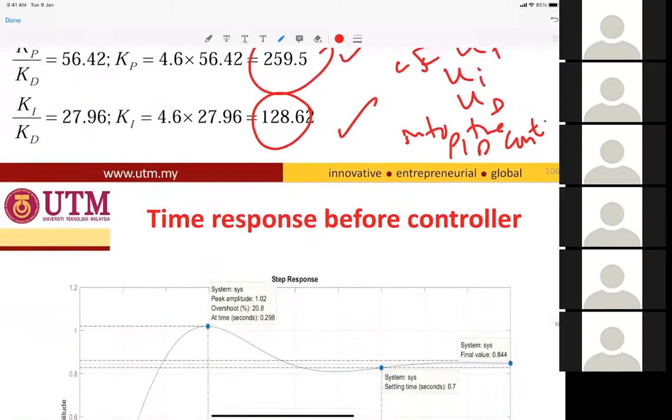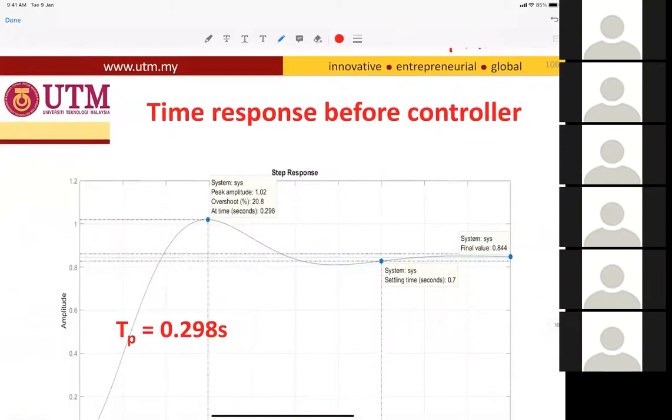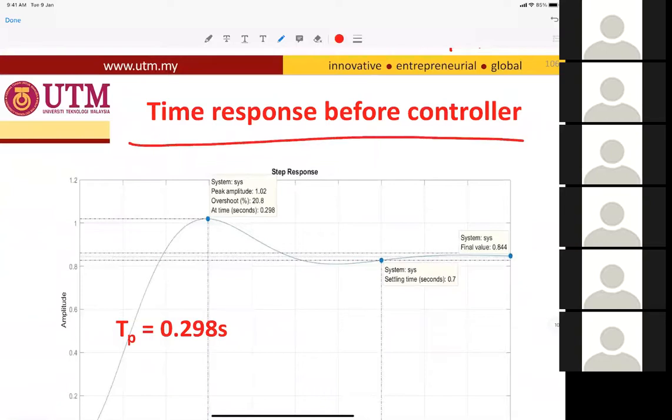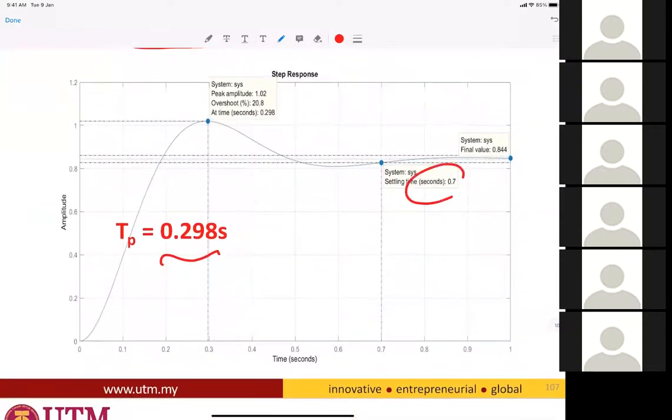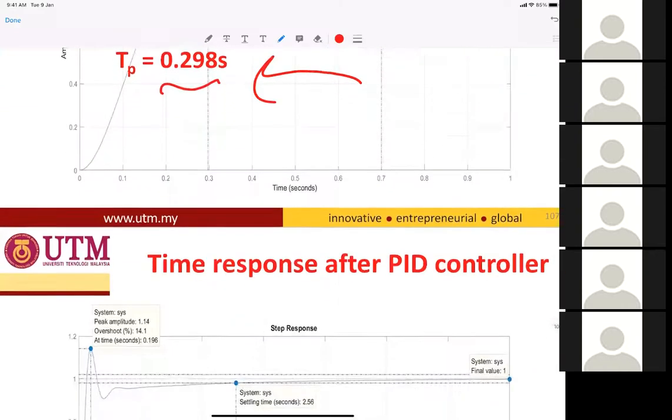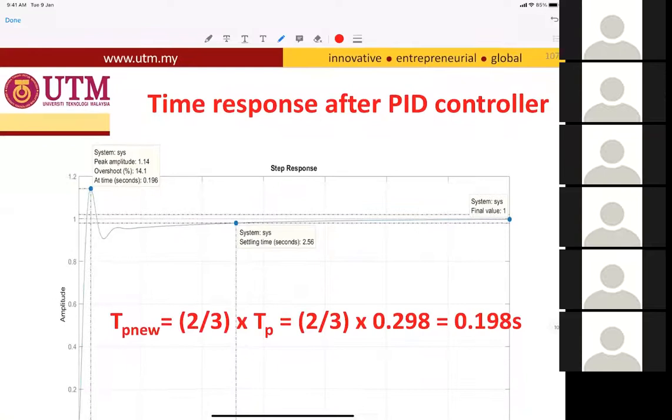So the time response before the controller, meaning before we apply PID, has a peak time of 0.298 and a settling time of 0.7, but our concern is the peak time. After that, the new TP will be 0.198, which is we get 0.196.